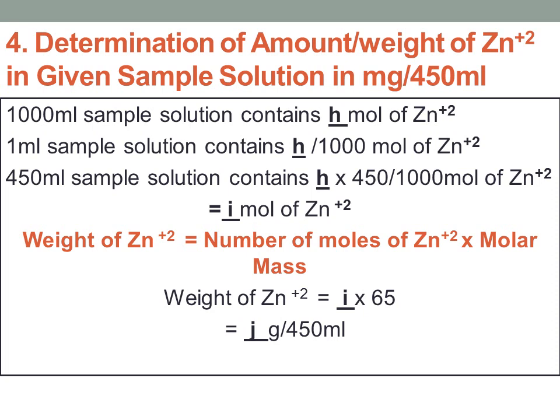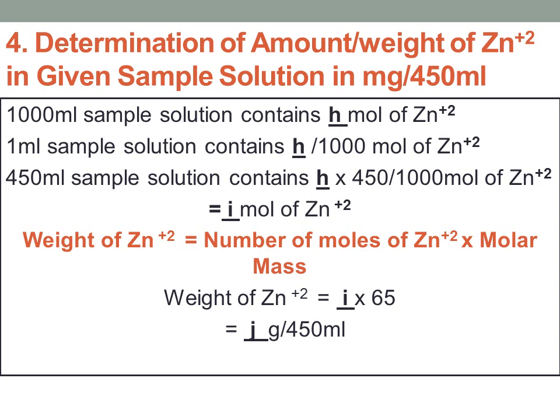We have found the number of moles of zinc in 450 ml sample solution. Now the weight of zinc can be found with the help of a formula. Weight of zinc plus 2 is equal to number of moles of zinc plus 2 into molar mass.